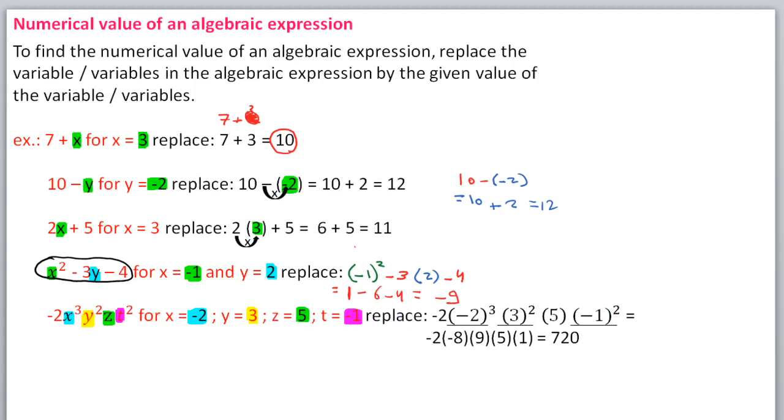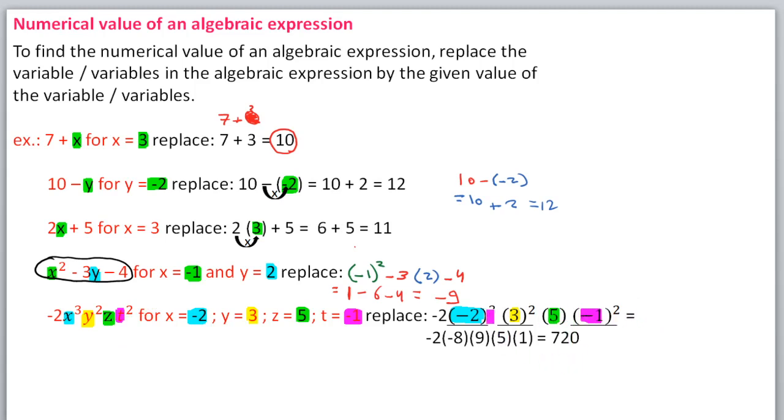So look what should we do here? Minus 2 x cubed, so minus 2 cubed. I replaced x, the blue one, by negative 2. Then y by 3. Then z by 5, z with no exponent. Then t squared, minus 1 squared.